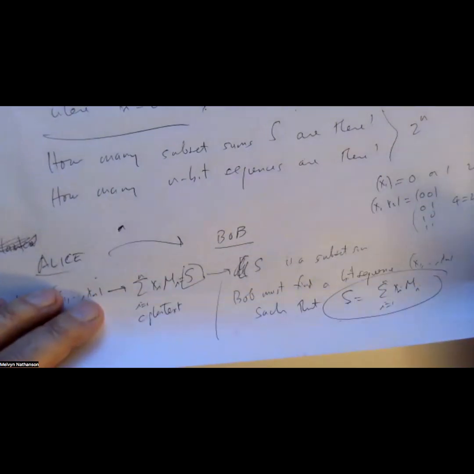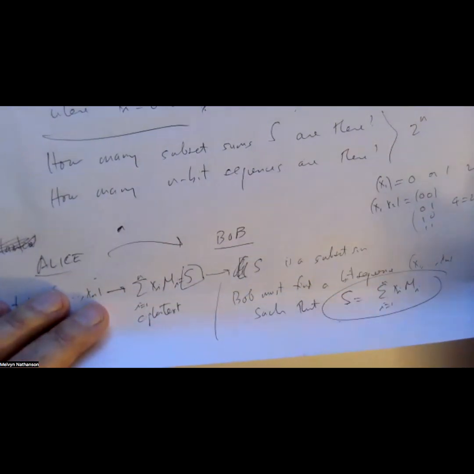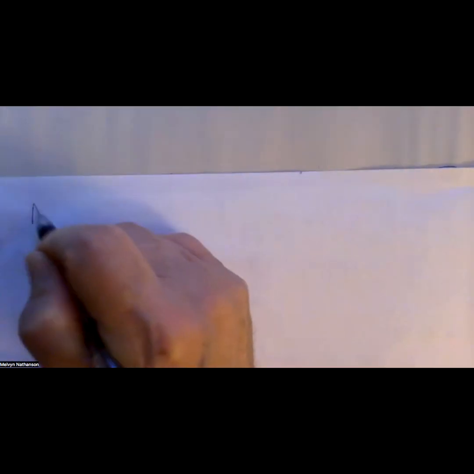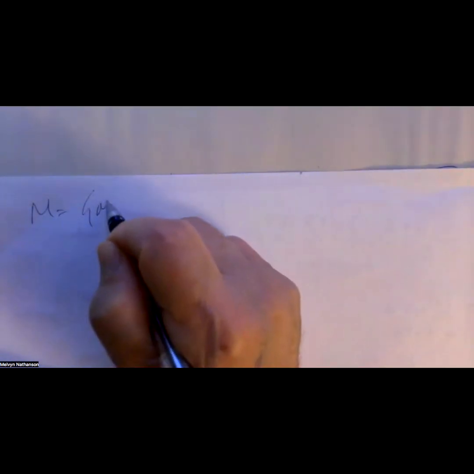Well, I don't know. He could just do trial and error, all right? So one possibility certainly is: we have our set M consisting of n different numbers.